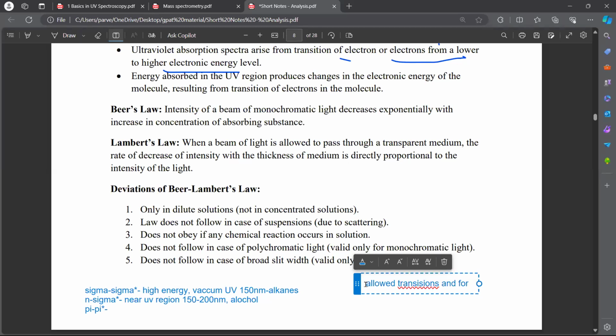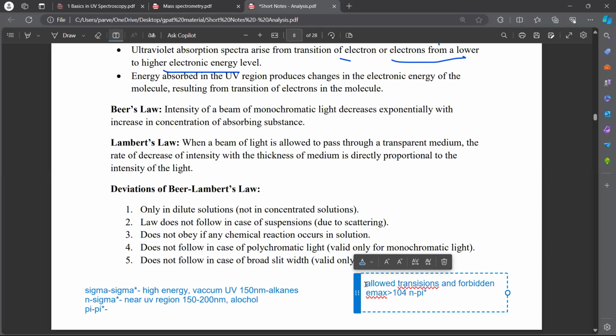The allowed transitions have the energy epsilon max, which is E max. How much is it, guys? Do you know? The allowed transition has how much energy? The E max is greater than 10 to the power of 4, and it is mainly due to the pi to pi star transition.